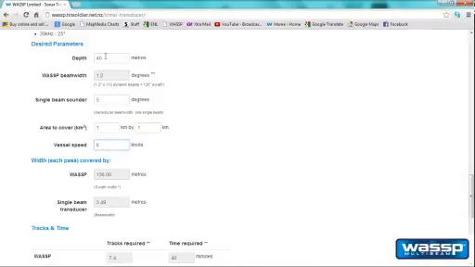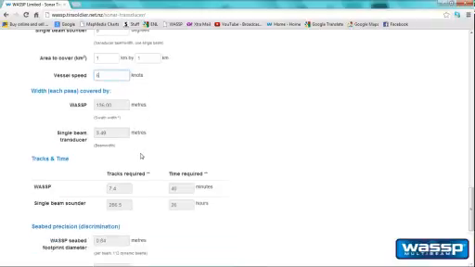So just to recap, we're setting a depth of 40 meters. We're comparing the WASSP, which has 112 beams at 1.2 degrees each over a 120 degree swath sector, with a single beam sounder with just the single beam, which is 5 degrees wide. We're going to map out an area of 1 kilometer by 1 kilometer, and the vessel's going to do 6 knots. So let's have a look.